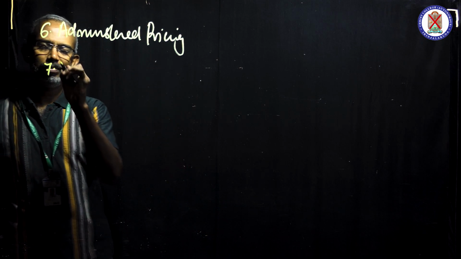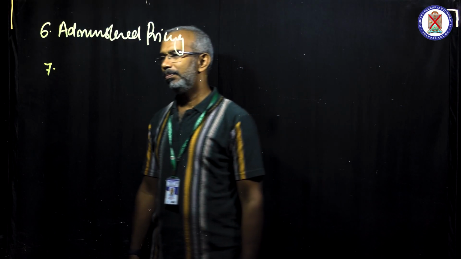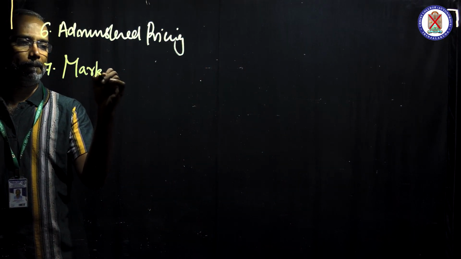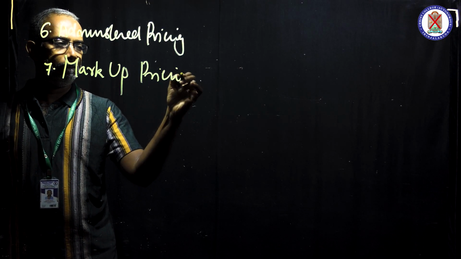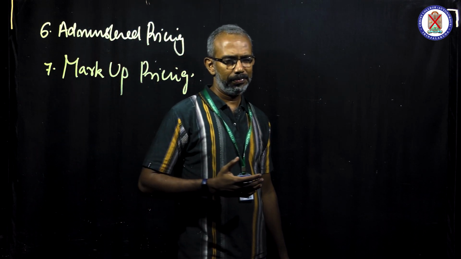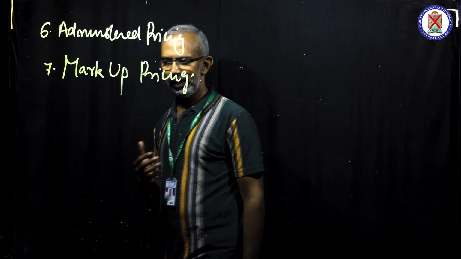Now let us move to point number 7. In point number 7, we will find the term markup pricing. Now we understand that the entire process of distribution has various middlemen.